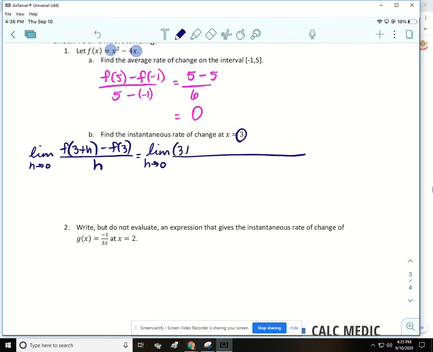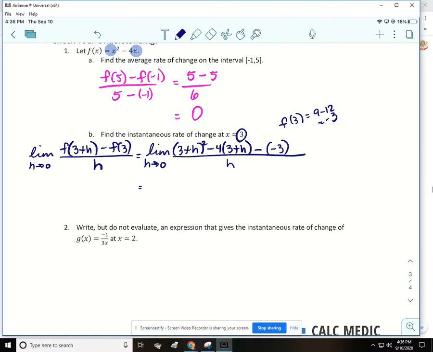I'm going to square it, multiply it by 4 and then subtract. From that, I need to subtract f of 3. For f of 3, I plug the 3 in and square it and get 9. Multiply it by -4 and get -12. So 9 minus 12 is -3. So I'm going to subtract -3 and then put my h on the bottom.